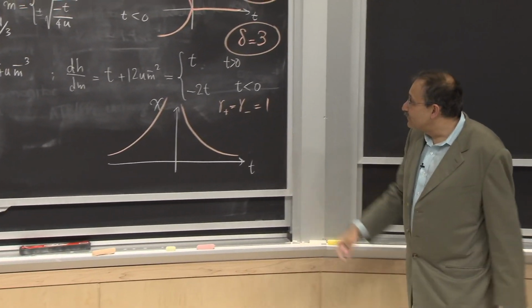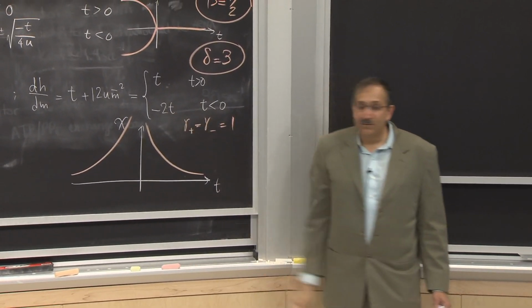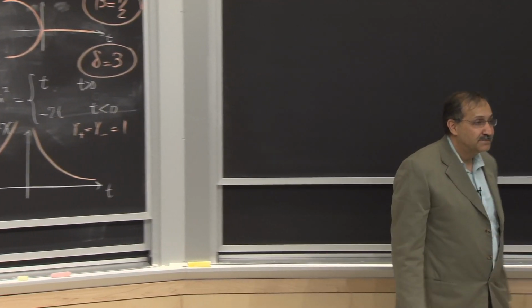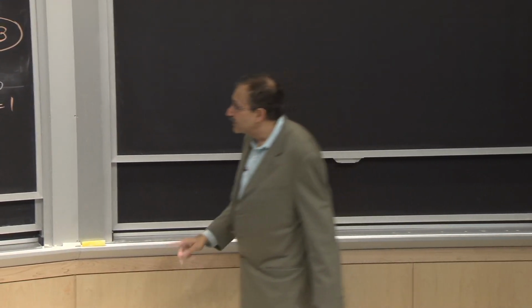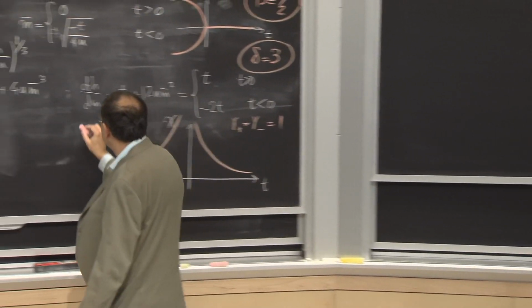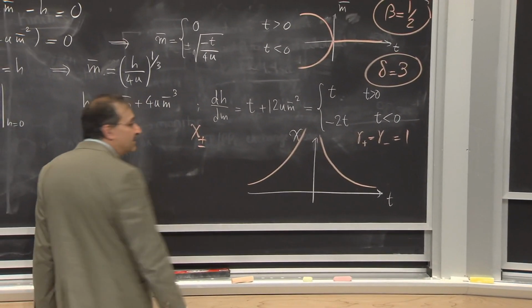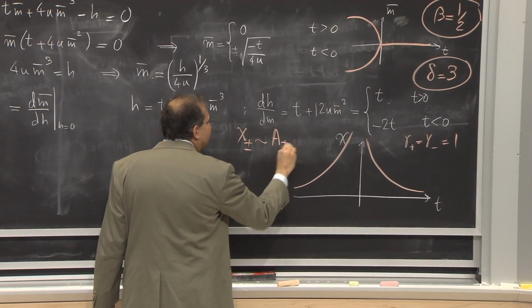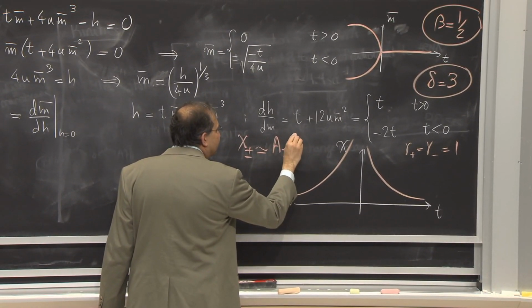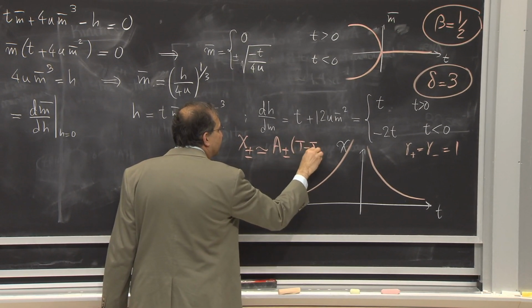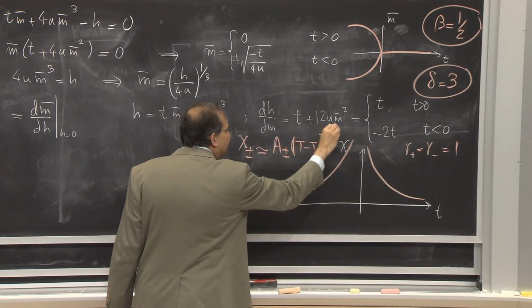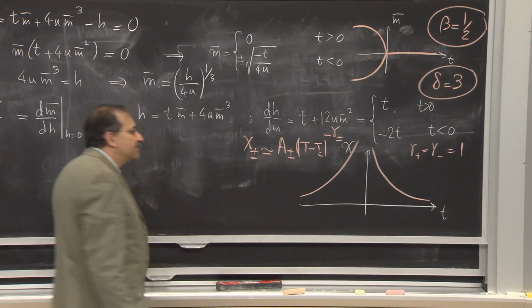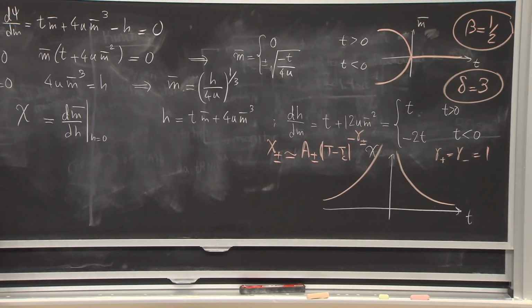But one thing that I notice is that the ratio of these two things is a pure number. So I say, OK, if you measure the susceptibility on the two sides of the transition, you will see amplitudes and then |t minus tc| to the minus gamma plus or gamma minus. I have told you that the gammas are the same.